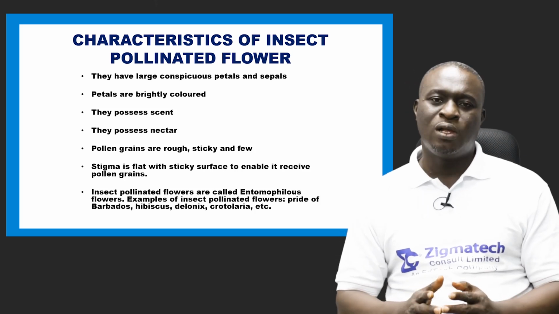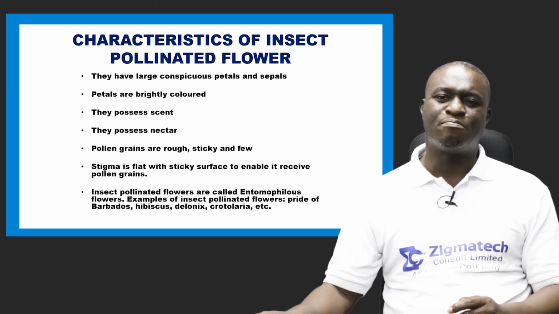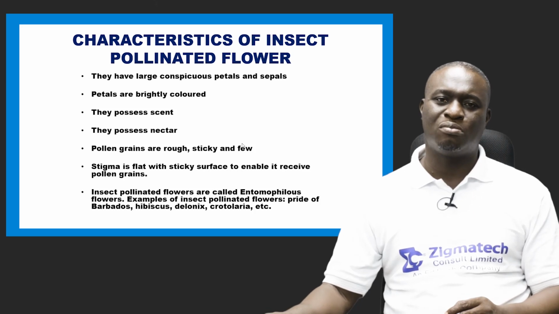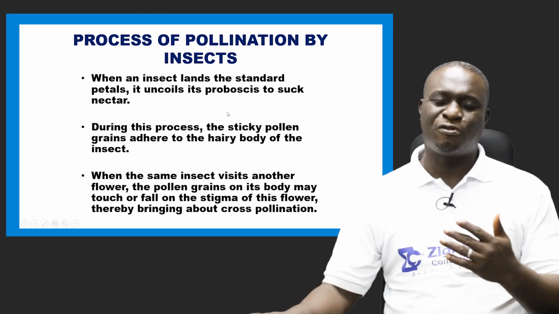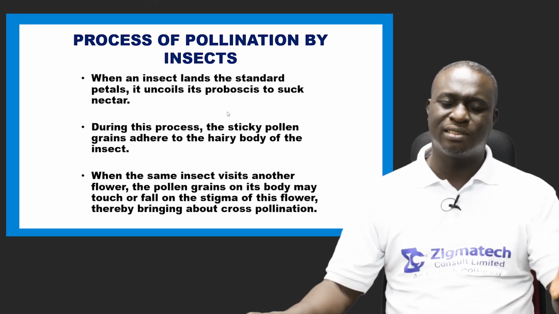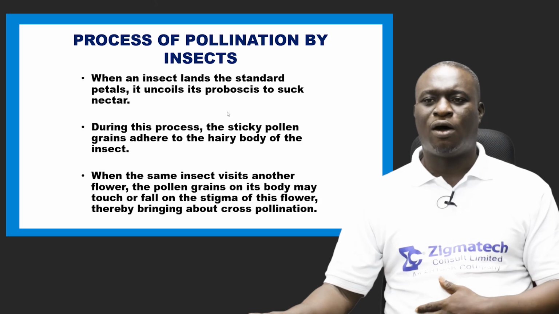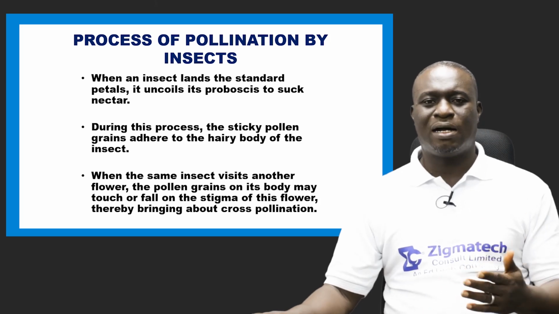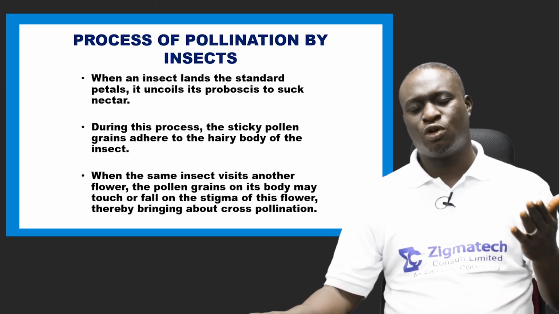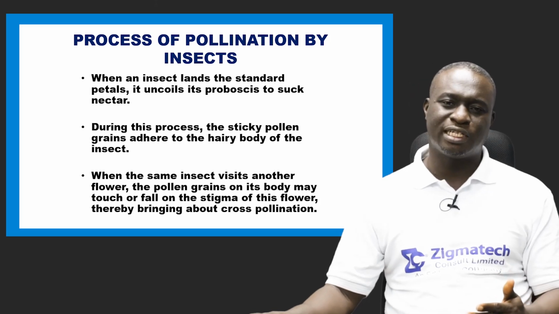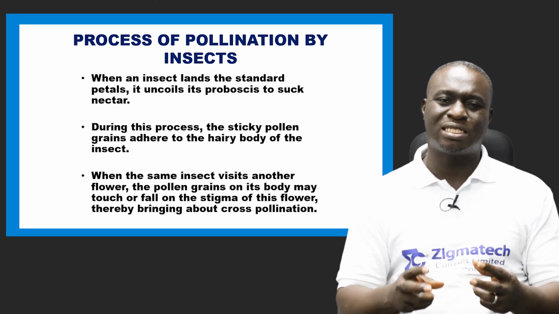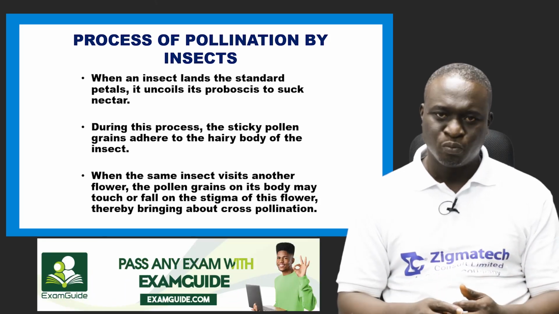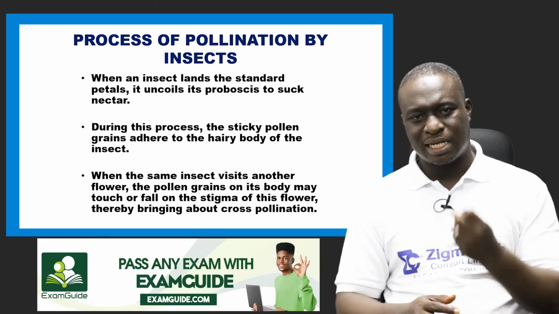Now, before we go, I want us to take a look at the process through which flowers are pollinated by insects. Based on the characteristics we've just seen, one of the major characteristics is that the petals are brightly colored and well scented.